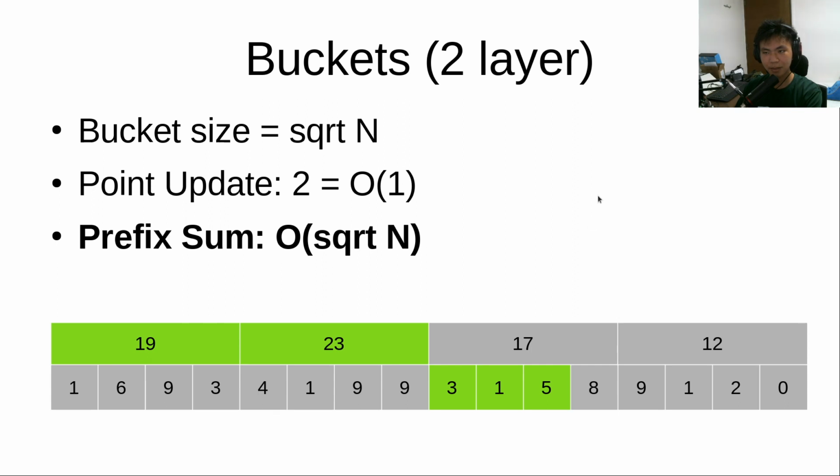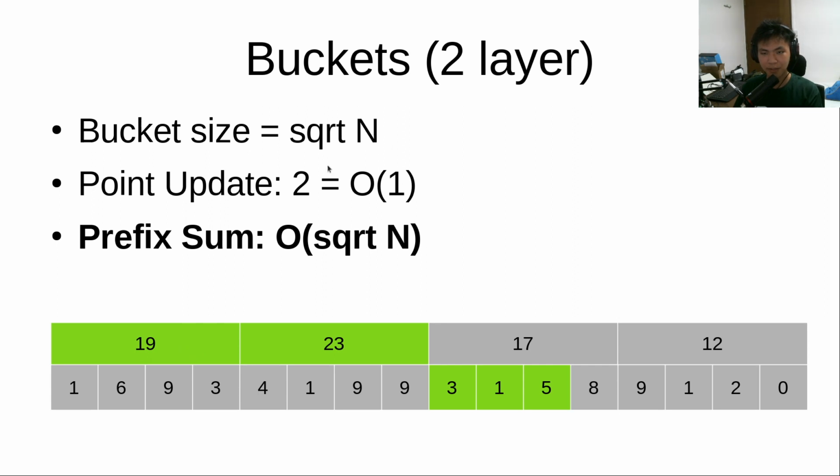So the idea is that we do some amount of pre-computation that is quite easy to update if we change the array, and now if we want the prefix sum, we can use some of the pre-computed values instead of recomputing that entire sum. Because each bucket size is square root n, there are at most square root n buckets, because n divided by square root n is square root n.